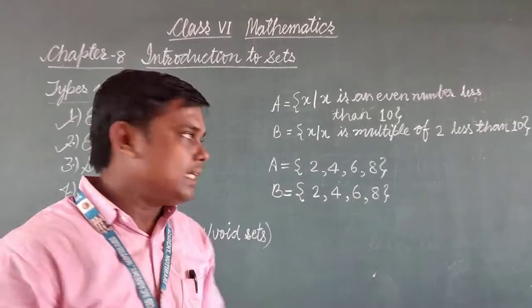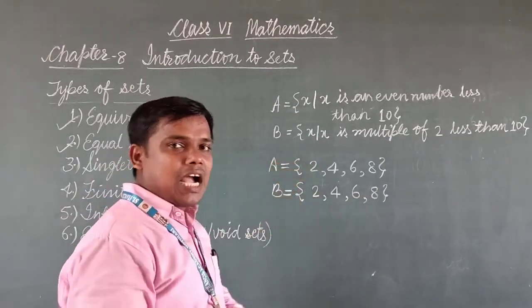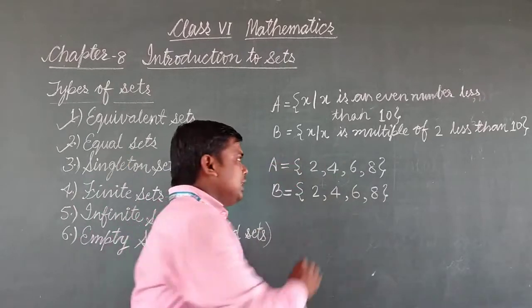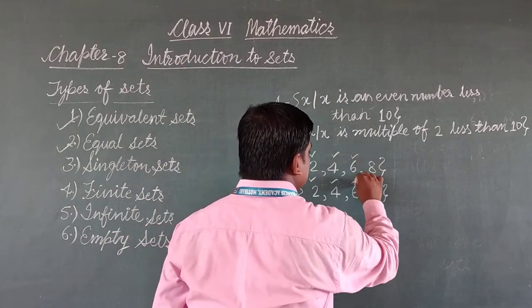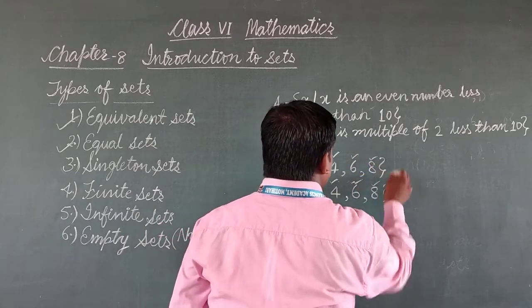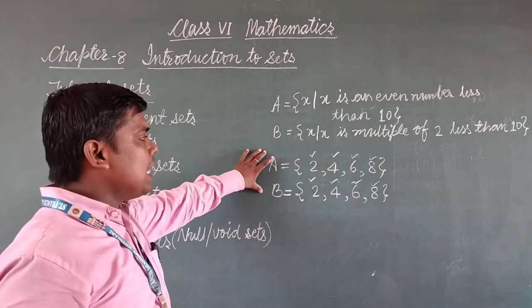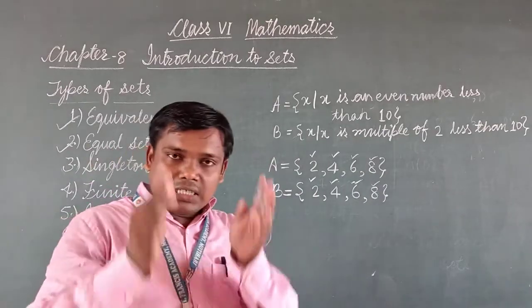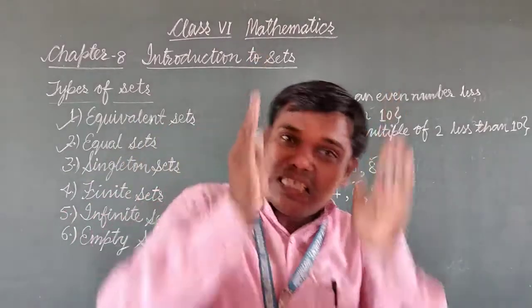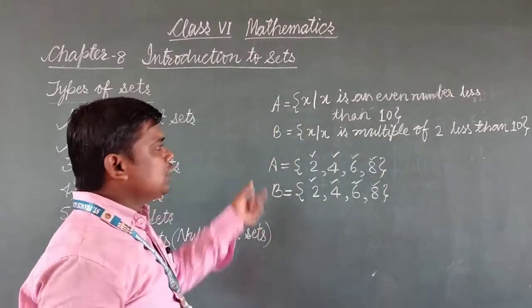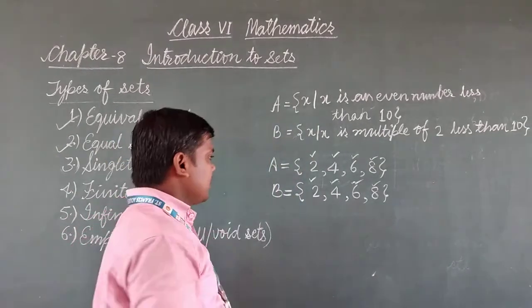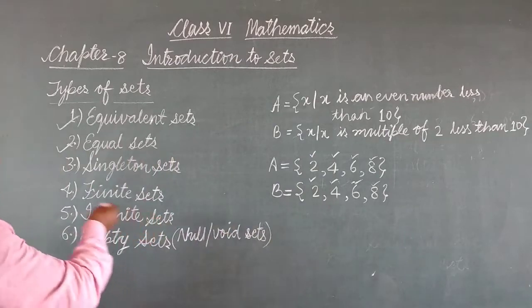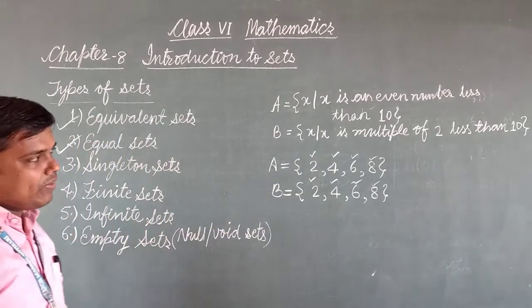Now you are seeing both sets have the same elements, 2, 4, 6, 8. Means set A and set B have the same number of elements and the same elements. That's why these two sets are called equal sets. I hope you understood equal sets.